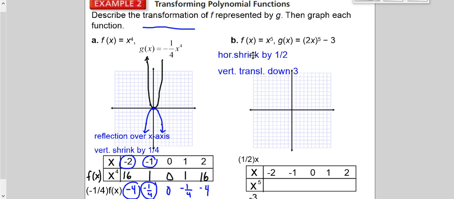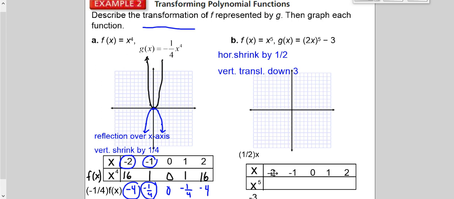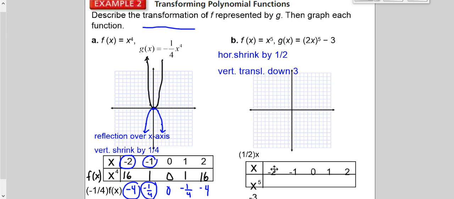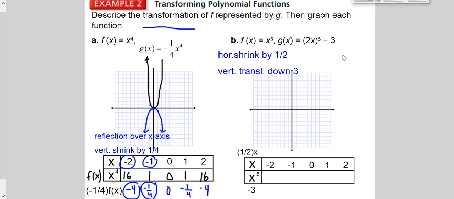Now we've got to figure out what to do with the points. Horizontal shrink by 1/2: we're going to multiply just the x value by 1/2. The down 3, we're going to subtract 3 from the y values.